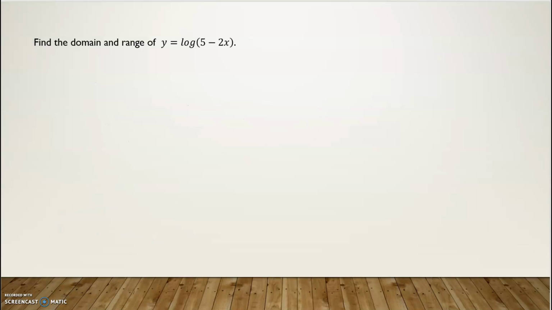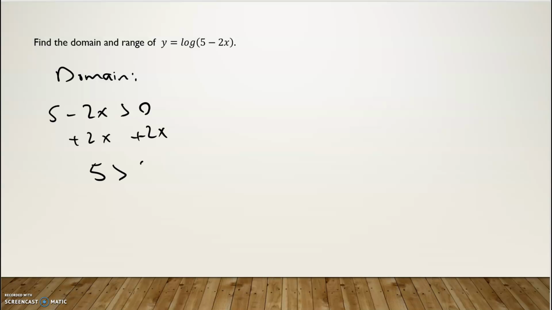Okay, same thing here. I'm going to find the domain. So that'll be 5 minus 2x greater than 0. So I'm going to add 2x to both sides. So 5 is greater than 2x. Divide by 2. So 5 over 2 is greater than x.